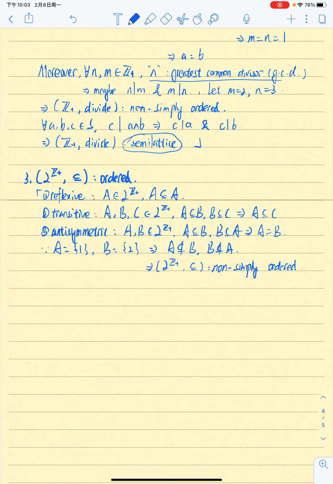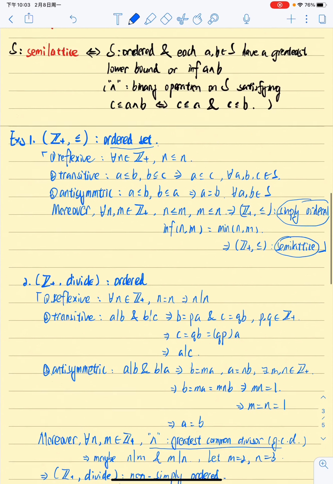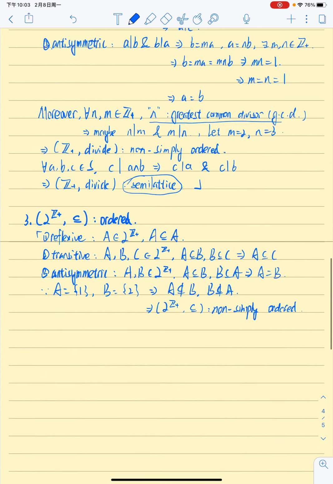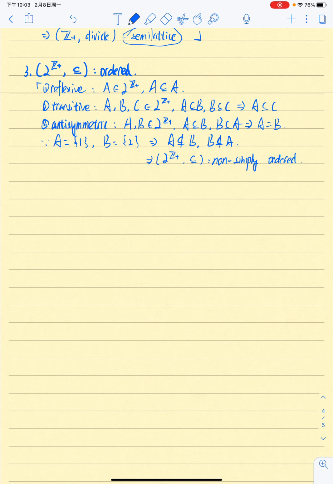And is this a lattice or semi-lattice, that is, for every two sets, is there some lower bound? Okay, first of all, let us define this binary relation by intersection, right?